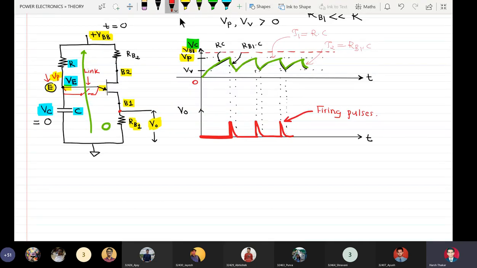Here we have shown from this point till this point, while the capacitor is charging, VO is equal to 0, and when VE reaches the peak voltage VP, the link closes and discharging starts. The discharging starts from VC equal to VP, so it starts at the point VP and goes till VV. That is why the waveform I drew last time was a little wrong. So I will make the corrections here now.